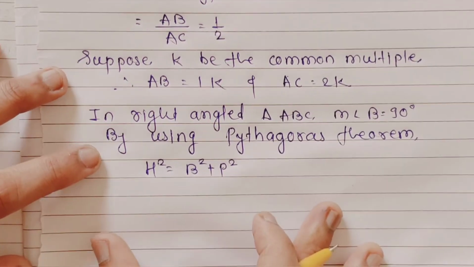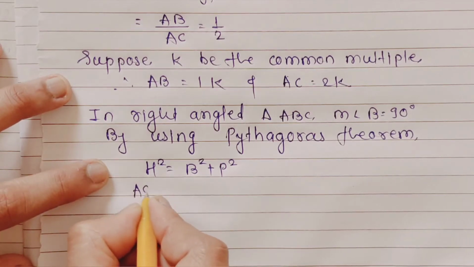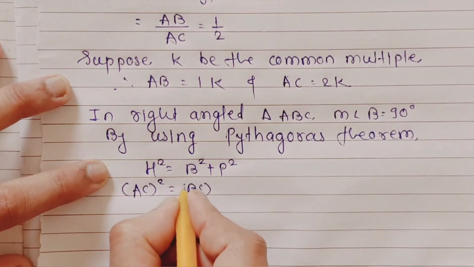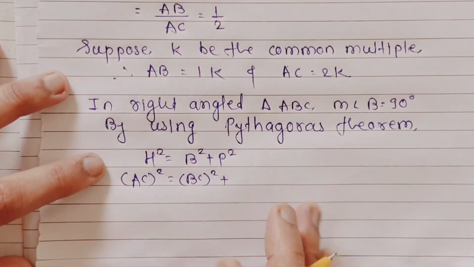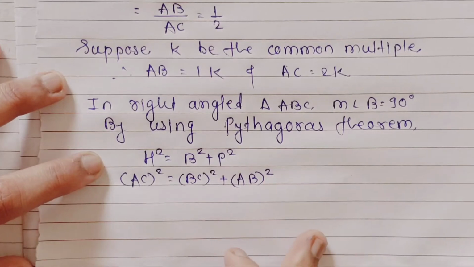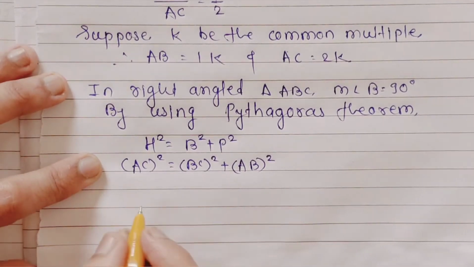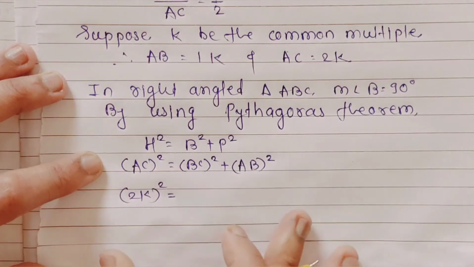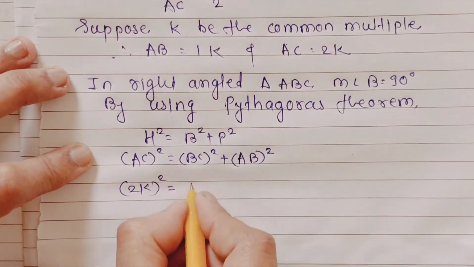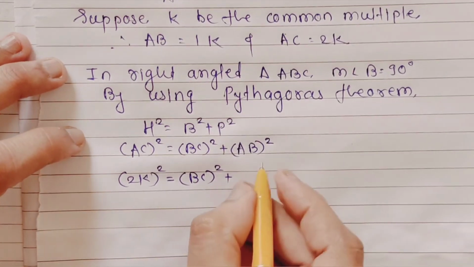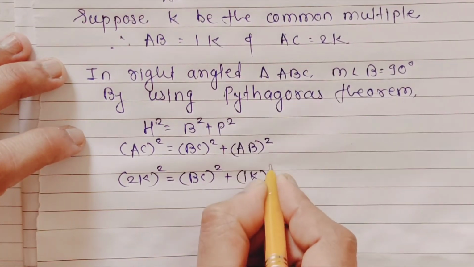So hypotenuse square, that means AC square, is equal to base square, that means BC square, plus perpendicular square, that means AB square. So simply values have to be put. AC square, that means 2k bracket square, is equal to BC square, we have to find out. So write as it is, plus AB square, that means 1k bracket square.